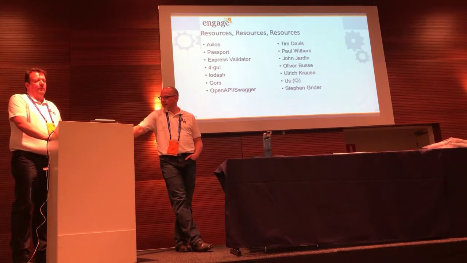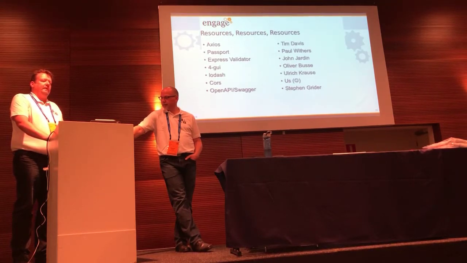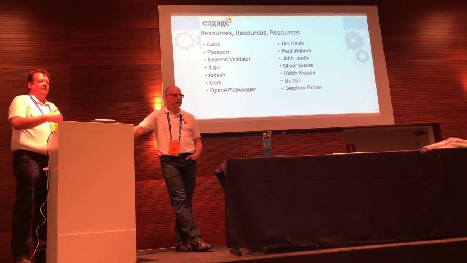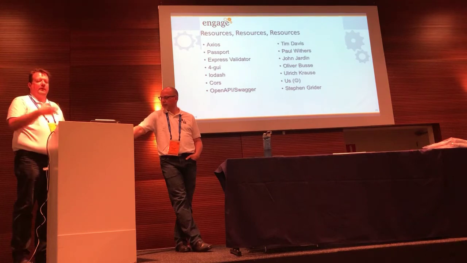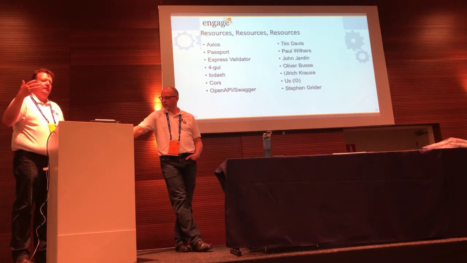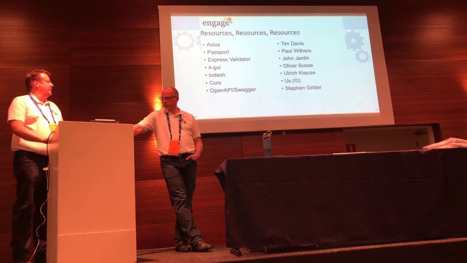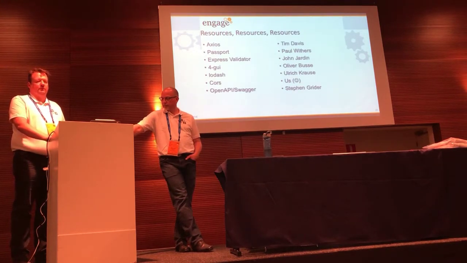Express Validator is a component that helps you at least to validate the data that you're getting back from your API calls, right? If our application sends data to the API, we should validate it, obviously. Did you get the right amount of attributes in the JSON object that we're getting back? Is it the right data type and all those kinds of things? You can do that with Express Validator, so that's a good thing as well.